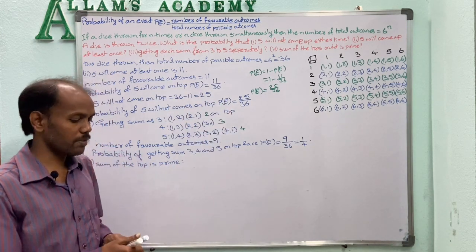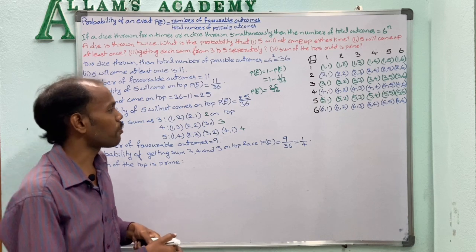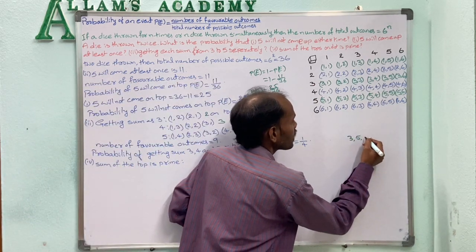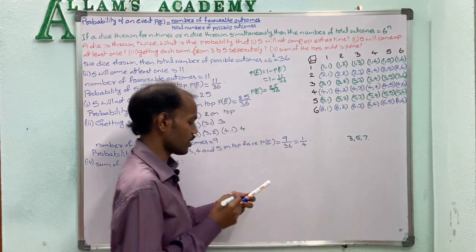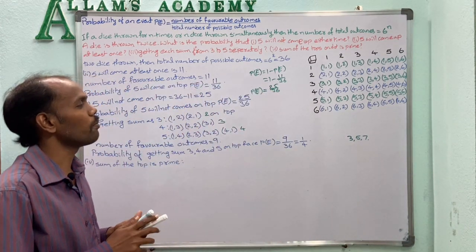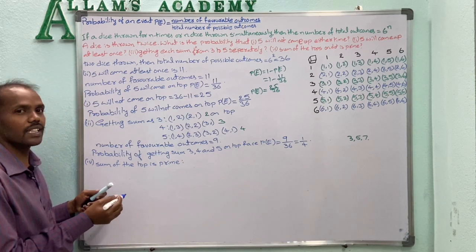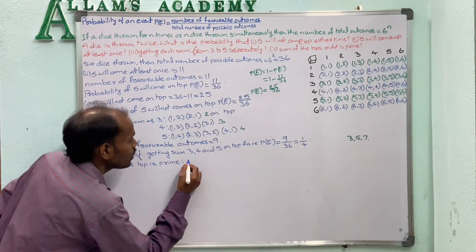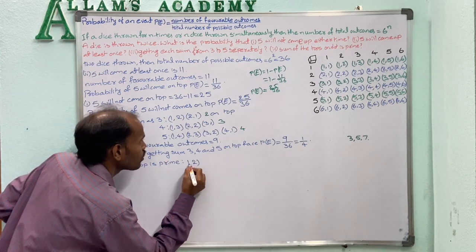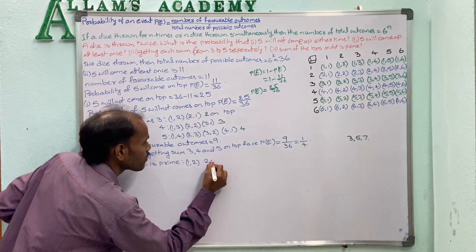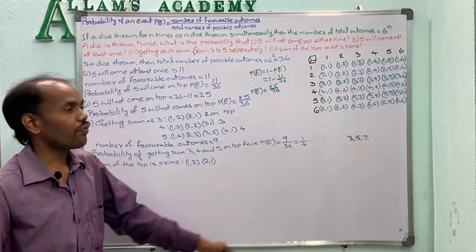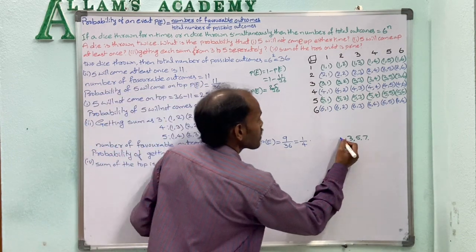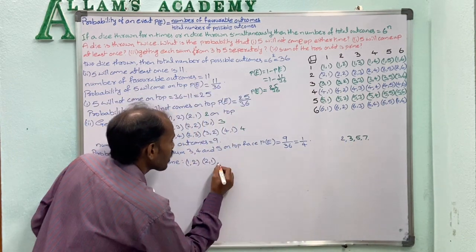From 2 to 12, the prime numbers are 2, 3, 5, 7 and 11. How many times each comes, once we take it, that is enough. Already we know 3 will come 2 times: 1 2 and 2 1. 2 is also a prime number, so 1 1 also comes.